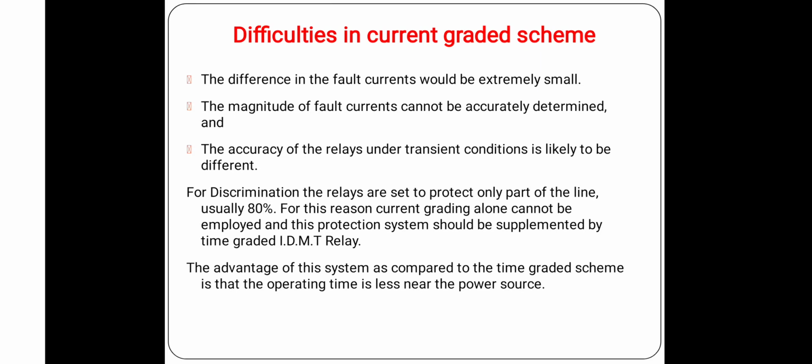The advantage of this system compared to the time graded system is that the operating time is less near the power source. We earlier saw that the drawback of the time graded scheme is that for a fault near the power source the operating time is more, but in the current graded system the operating time is less. This is the difference between time graded and current graded systems.